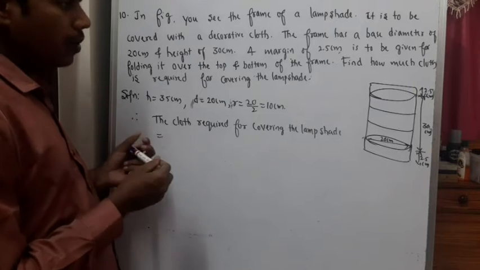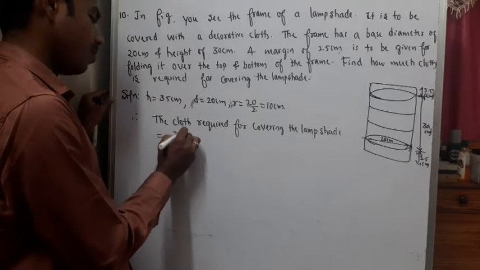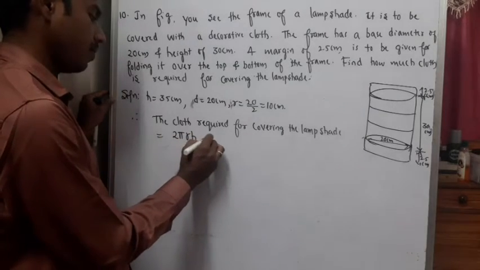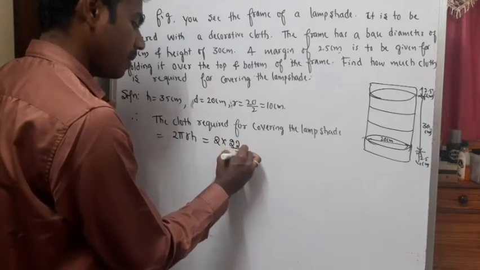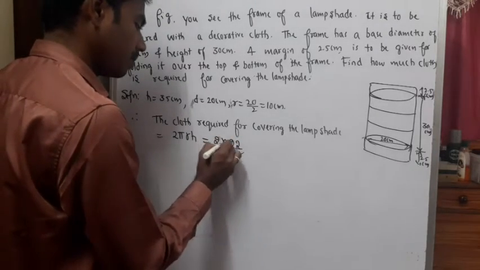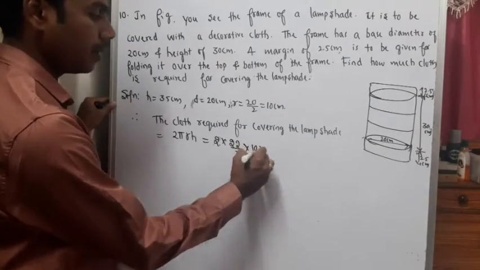2 pi rh. We are going to make use of the curved surface area of a cylinder, 2 pi rh, which is equal to 2 into 22 divided by 7. What is r? r is 10 centimeter. What is height?